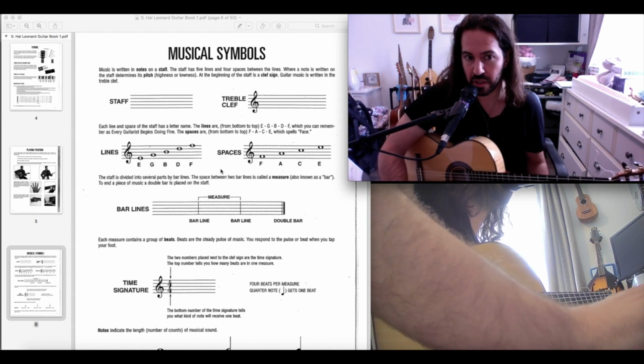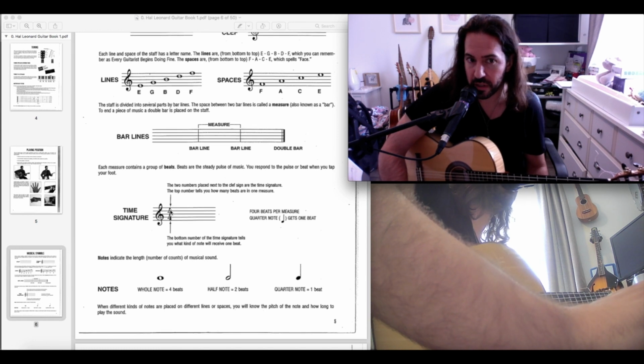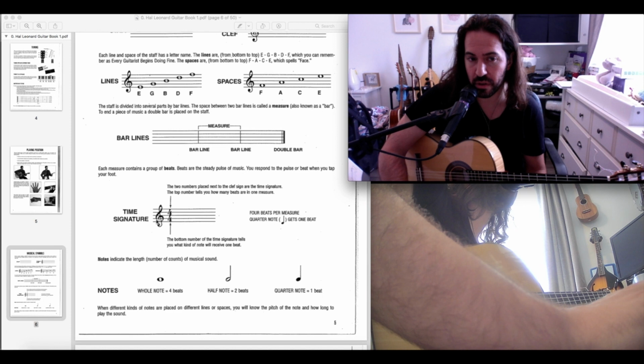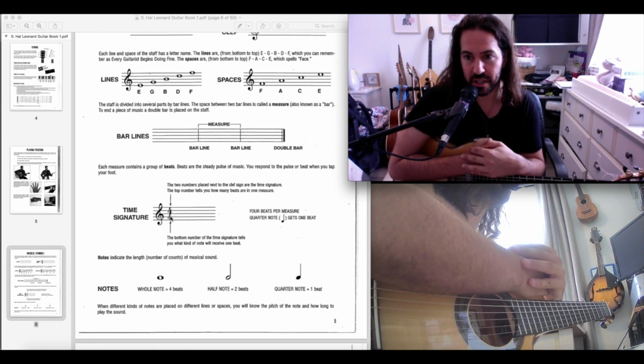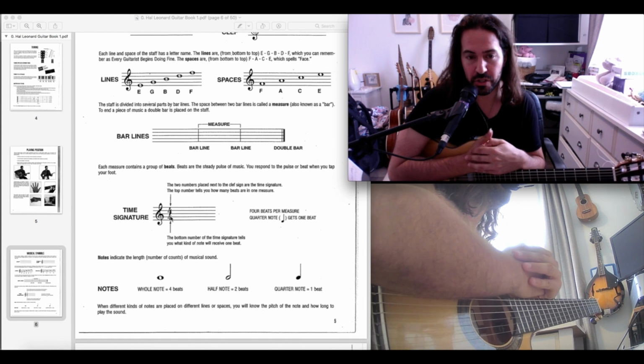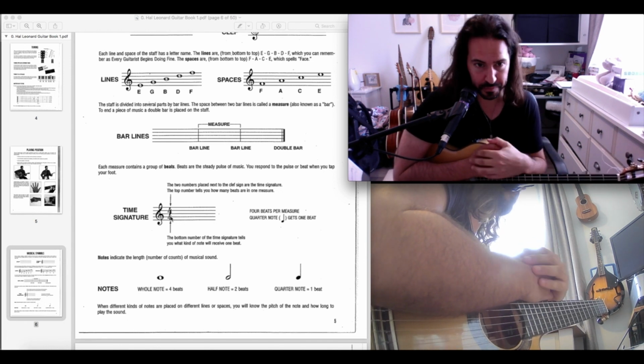Then we briefly talked about time signature, remembering that the two numbers that appear on top of each other after the treble clef is called a time signature, and it tells us how much time we are measuring in terms of the feel of music.